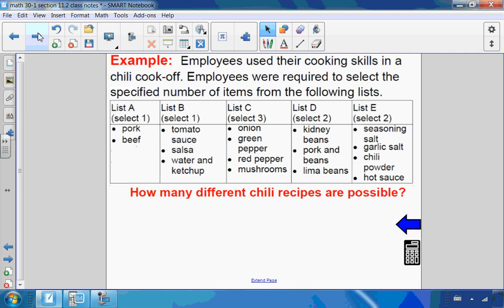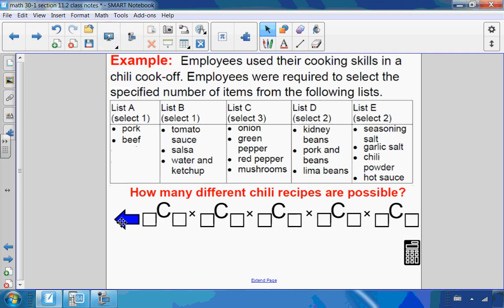Like for list C, I have to select 3. Does it matter whether I select the onions first, second, or third, or as long as they're selected? So the answer to that is order does not matter. So if I want to know how many different chili recipes are possible, I have to select from each of the lists. We've already established it's a combination, so let's go ahead and do that question.